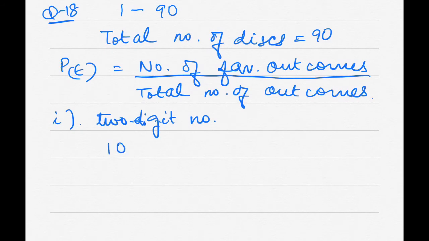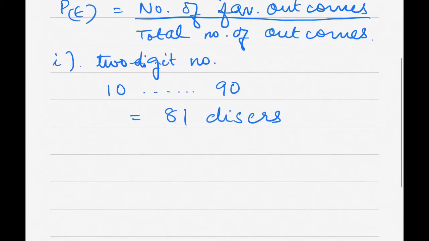It will start from 10 to 90, right? How many? 11 to 90 will be 80 discs, and then 1 is 10, so 81 discs.